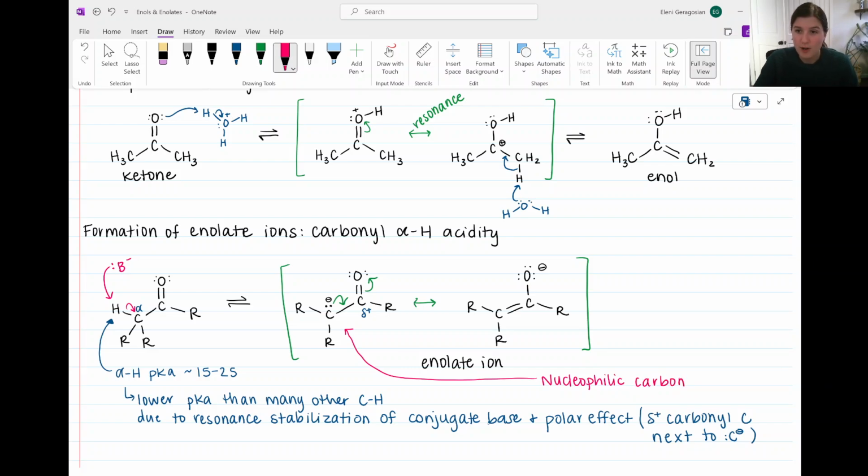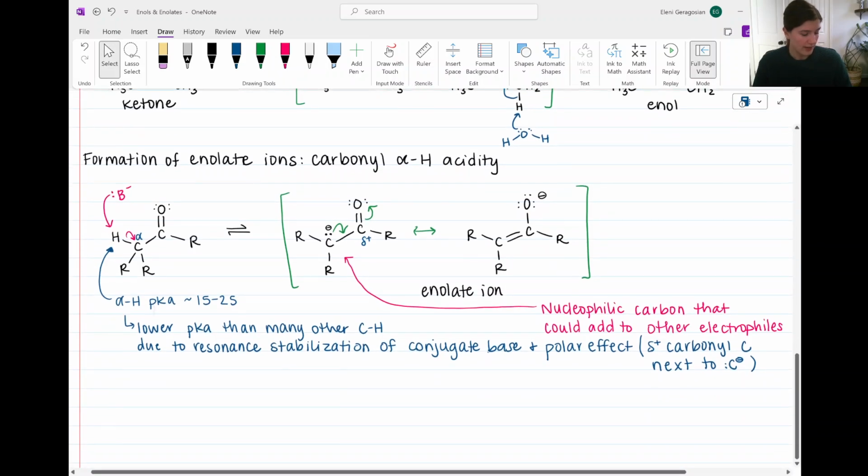The nucleophilic carbon can act as a nucleophile, so this could add to other electrophiles. So we will come back to that in future videos.